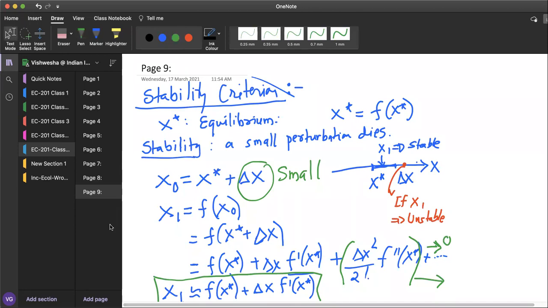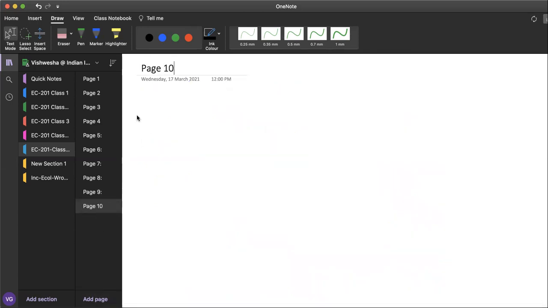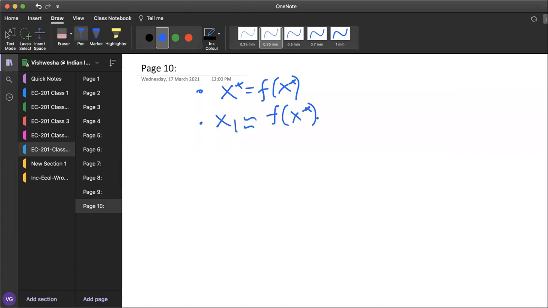Okay. So any questions before I go to the next page? Okay, no questions. So remember that we have this now. Because x star is in equilibrium, it follows this. Okay, and then so far we have shown that... Okay.